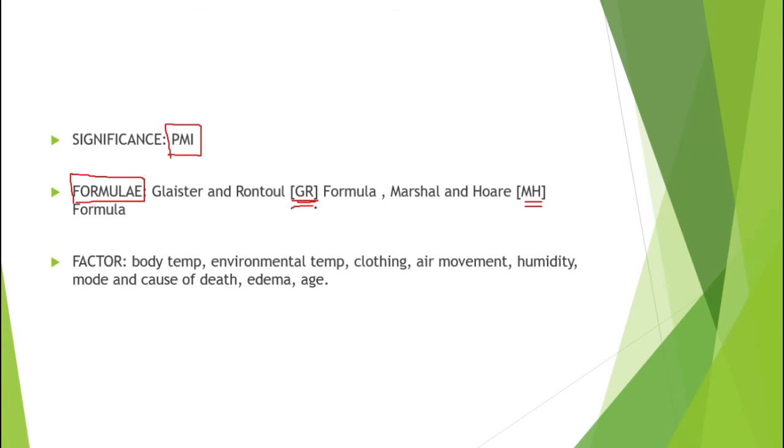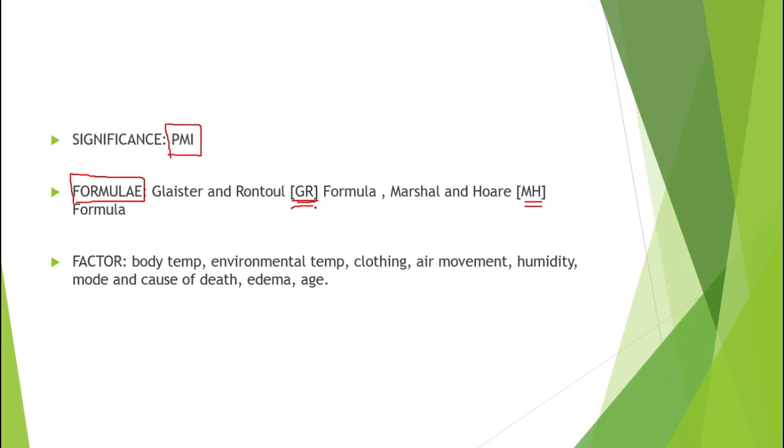And the factors, like I previously mentioned, there are numerous factors which affect the rate of cooling of the body. So when a body is exposed to air, the factors that affect the cooling are: number one, body temperature at death; number two, clothing and covering of the body; number three, air movement and ventilation; number four, humidity of atmosphere; number five, environmental temperature; number seven, mode and cause of death.